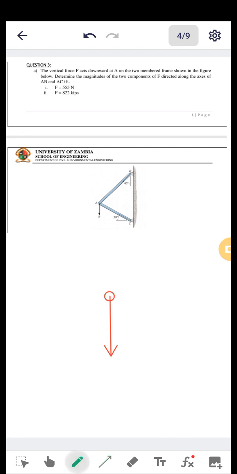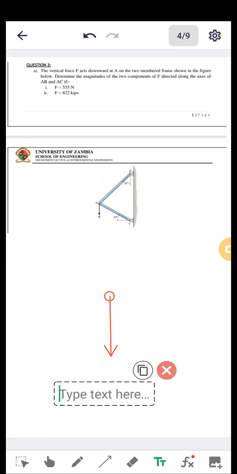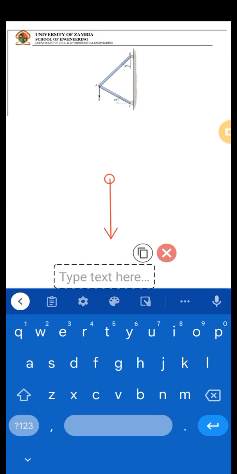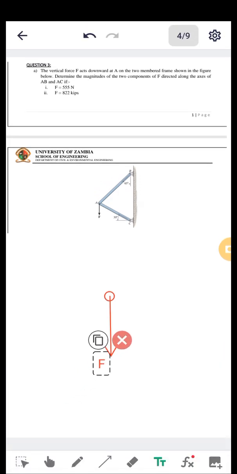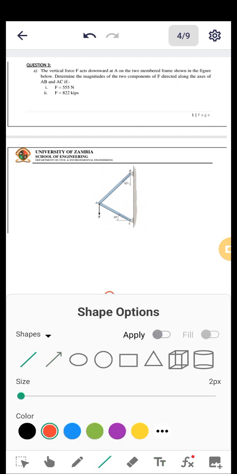Okay, so I've just simply gotten a point from here. This is a force F. Now we have a force again here, which is force AC.